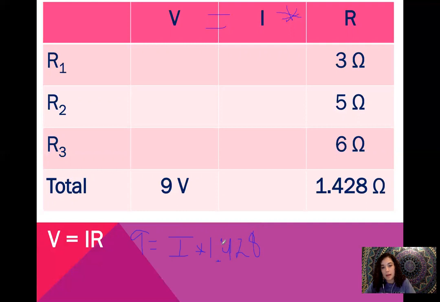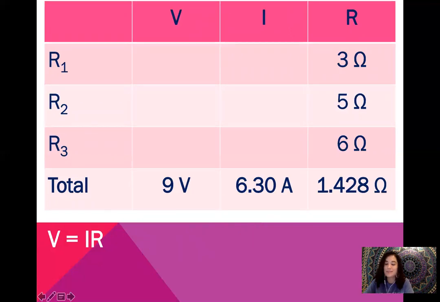How are we going to get I by itself? Well, we need to move this over. How will we do that? By dividing. And remember, whatever you do to one side, you got to do the other. So we'll divide by 1.428. These cancel out, and we'll get I by itself, and we will find that I equals 6.30 amps. I don't know if that's exactly perfect.